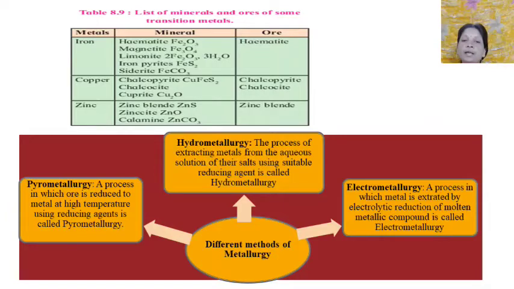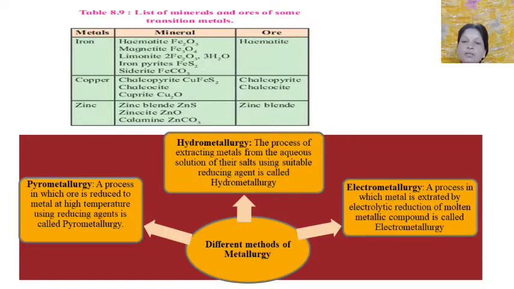Here chalcocite and chalcopyrite are the ores of copper. Zinc has the minerals zinc blende ZnS, zincite ZnO, and calamine ZnCO3, out of which zinc blende is used as an ore because it contains a high percentage of zinc.